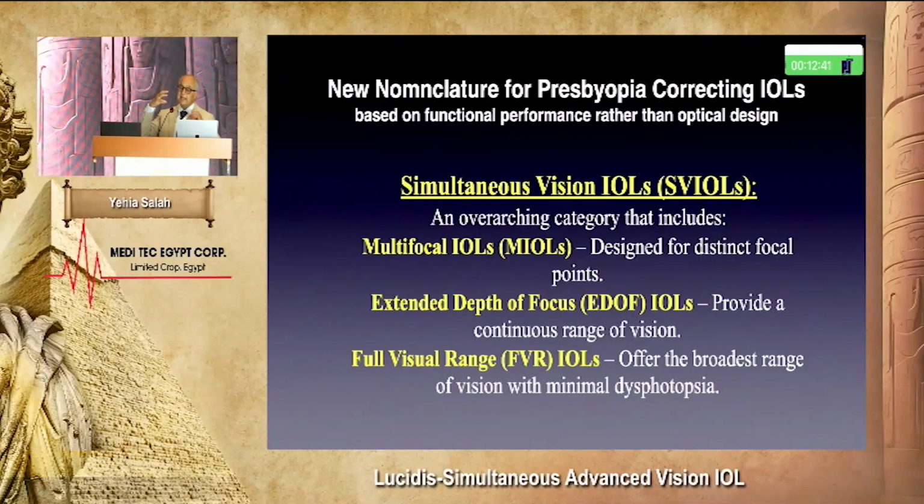And the idea is that we are used to dividing the intraocular lenses according to their optics only, but we want them now to be defined functionally by what they can do, so you can counsel the patients easier and better and be more clear.